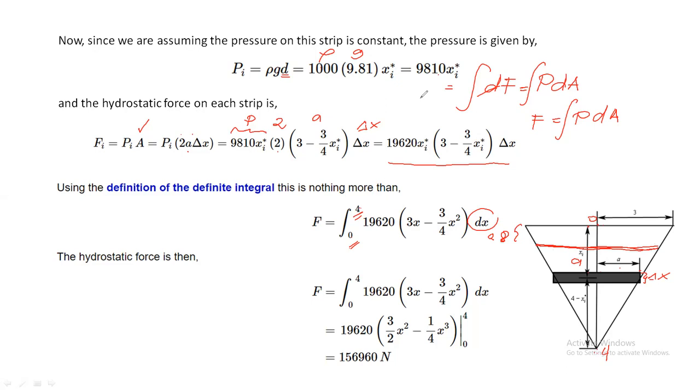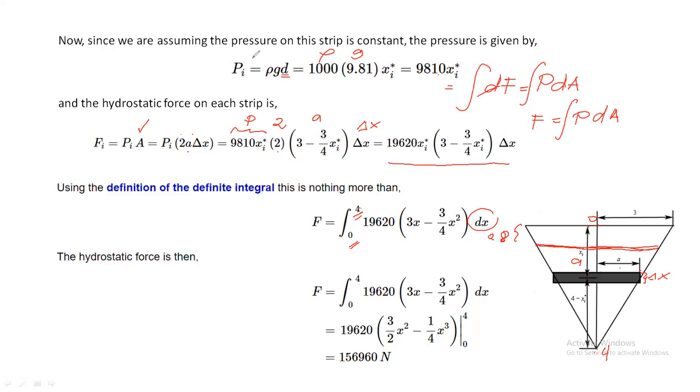So that is very good, Renan. This A is initially the area of a strip. But if it's integrated already, the area in question is the area of the entire triangular plate, because in the first place, your entire triangular plate is submerged.